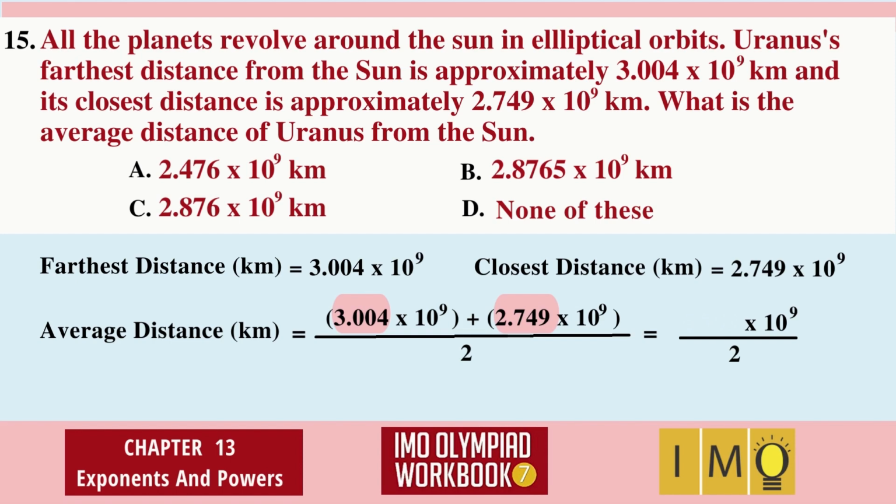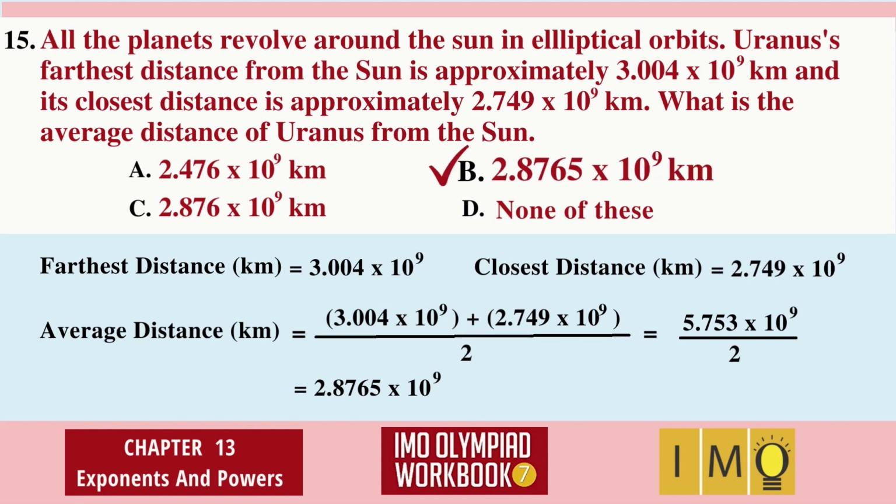What we get is 5.753 into 10 to the power of 9 by 2. So our result becomes 2.8765 into 10 to the power of 9. This shows us that the right option is option B.